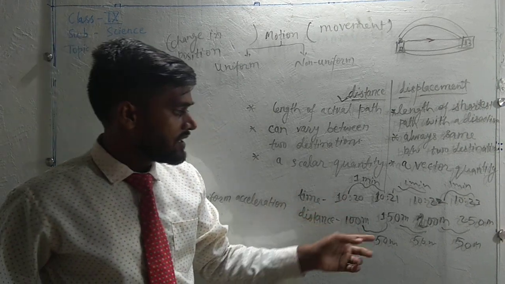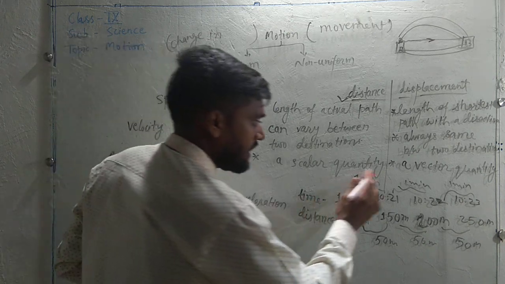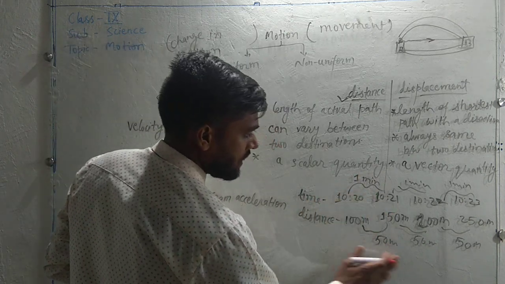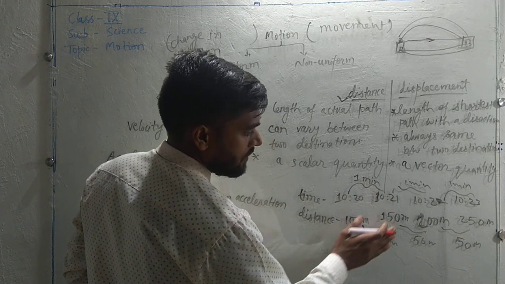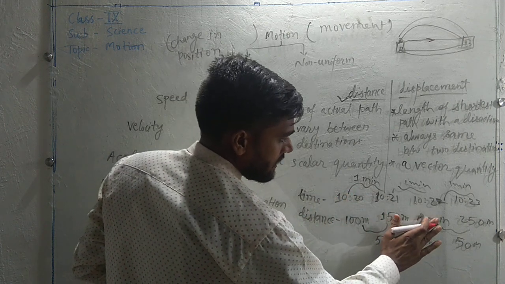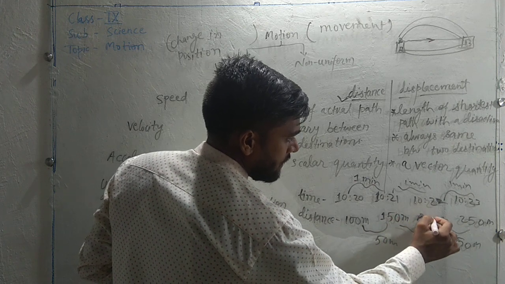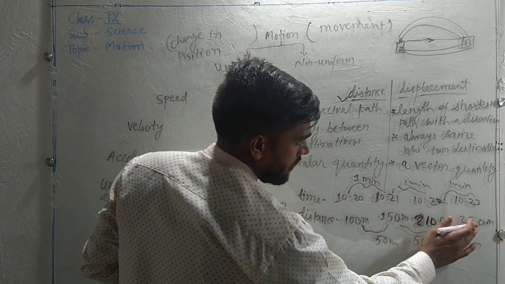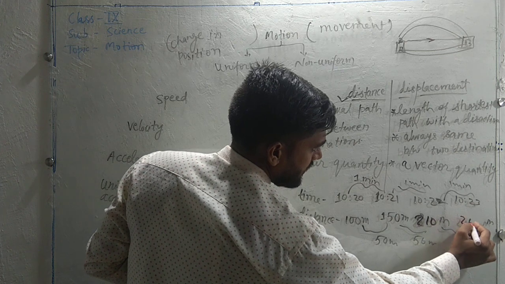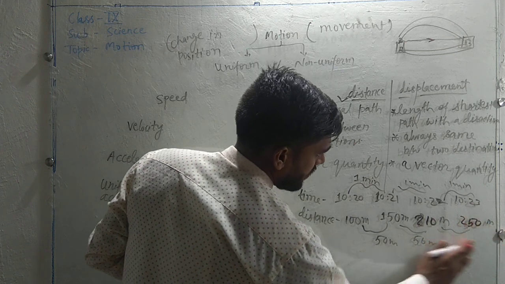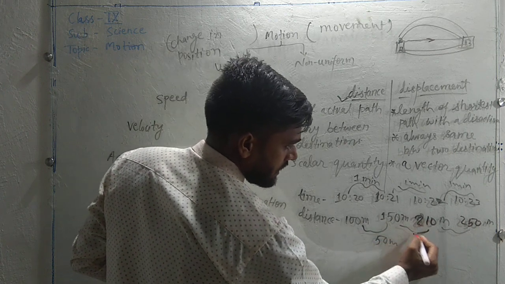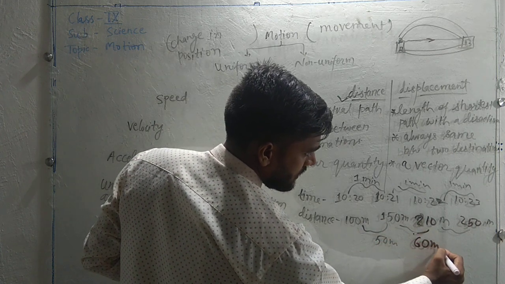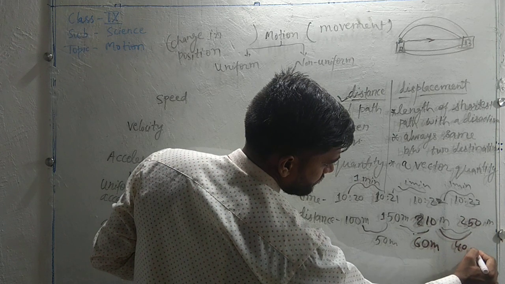In the same place, if it happened that in the first 1 minute it covers 100 to 150, that means 50 meters, and then it would have been 210 meters, and this would have been, let it be, 250 meters only. Then what would be the difference? This is 50 meters, here we find 60 meters, here we find 40 meters.